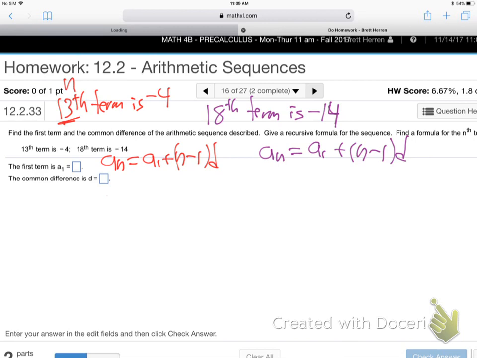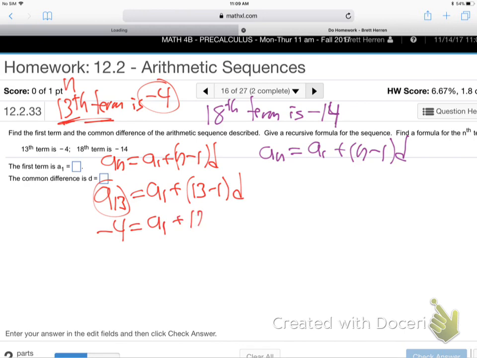So A sub 13 is A1 plus 13 minus 1 times D, and I don't know D. Like that? That good so far? And then A sub 13, what is A sub 13? What is the 13th term? Well, it's negative 4. It's 12D. That good for that one?